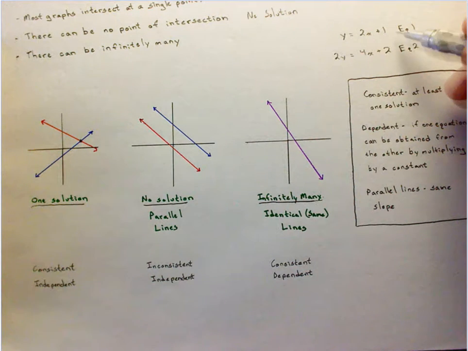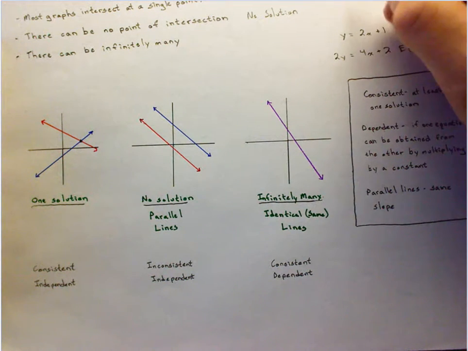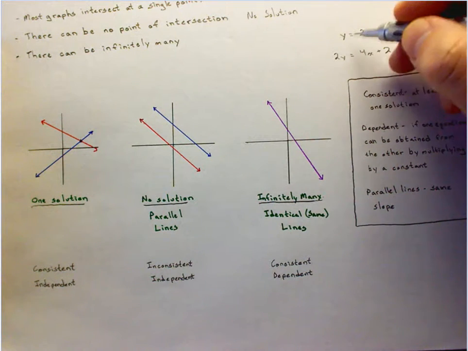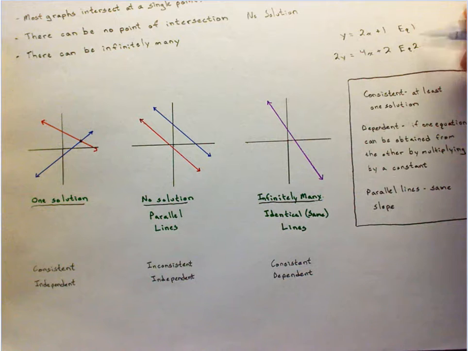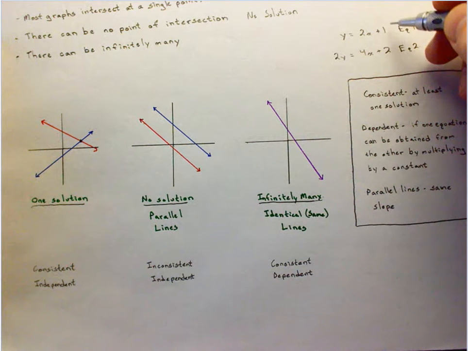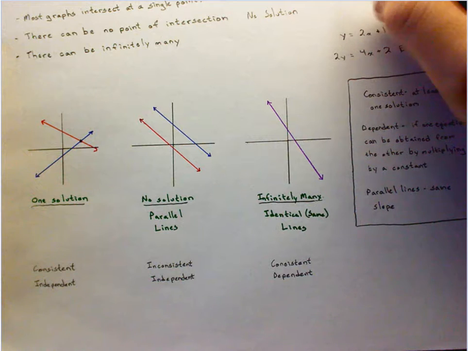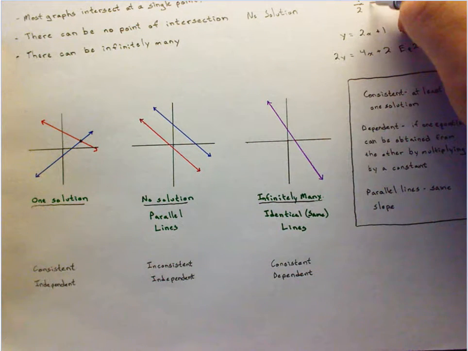This goes back to something that you've already been doing. These are the same line. You can say that equation 2 is scaled up by a factor of 2, or equation 1 is scaled down by 1/2. We've already dealt with this when we deal with fractions. If I have the fraction, and we'll pick an easy one, 1/2, I can say 1/2 is equal to 50 over 100.